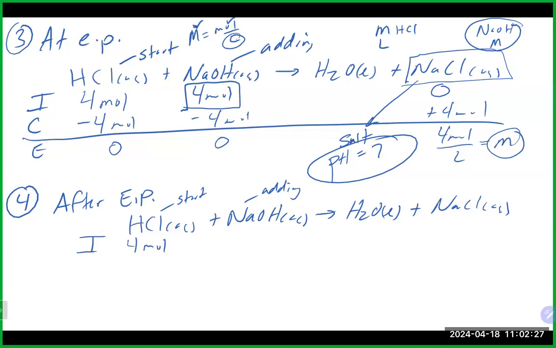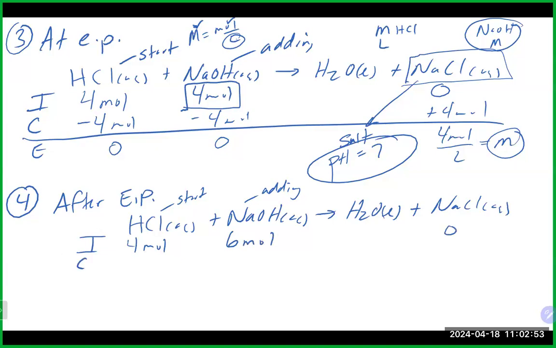Now that I am past the equivalence point, should the moles of sodium hydroxide be less than, equal to, or greater than the moles of the acid I'm starting with? Should be more, right? Because equal at the equivalence point didn't stop you. You're just adding more base at this point. So you should have a lot more moles. So we'll go with a good number of 6, sounds like more. So we'll just make up 6 there.